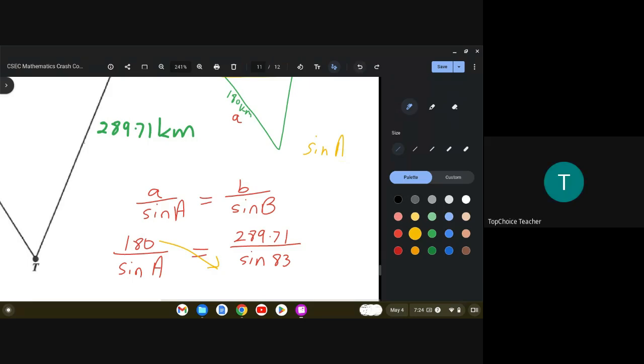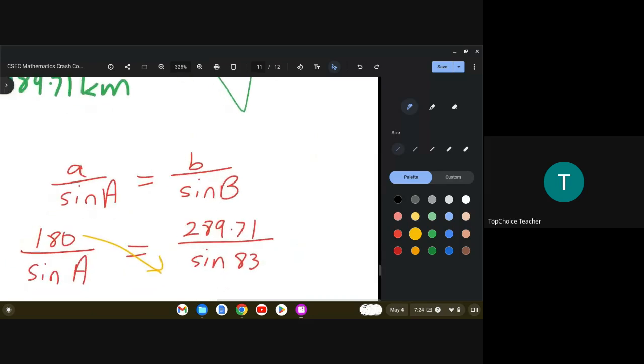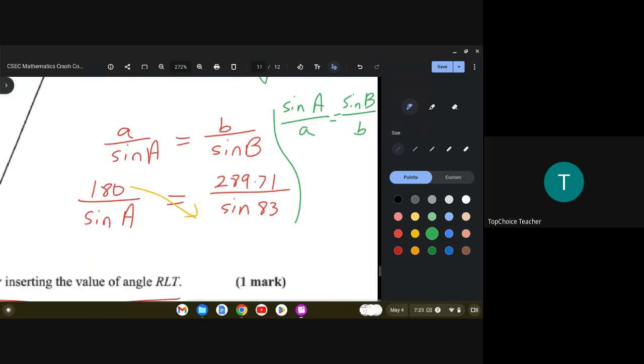That's actually not a problem because there are different ways you could interpret the formula. This same formula would give you the same answer as if you use that method. You could have put sine A over a equal to sine B over b as well, and you would get the same answer as what I am doing here.